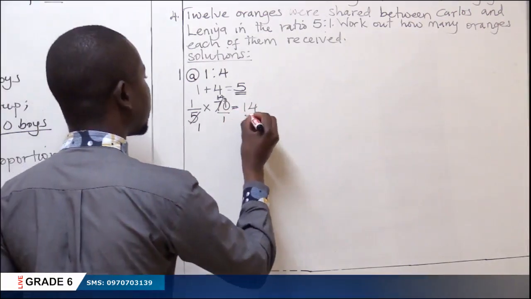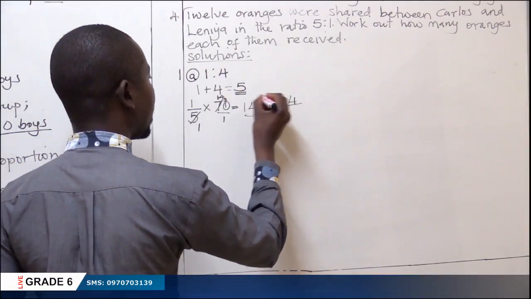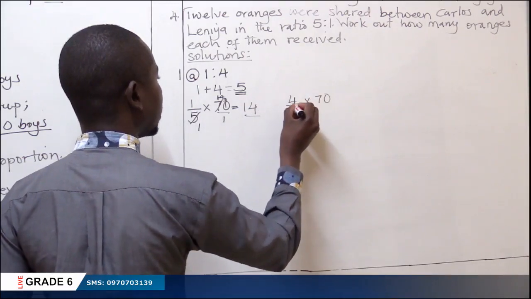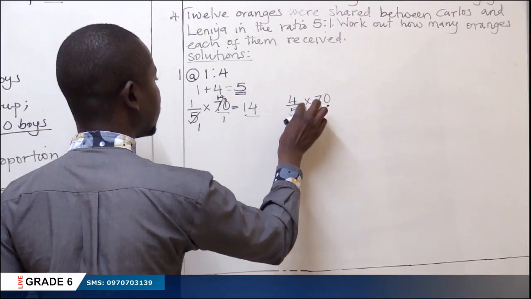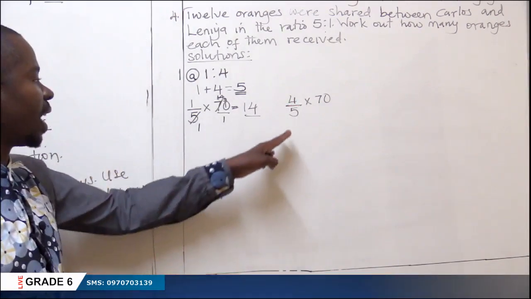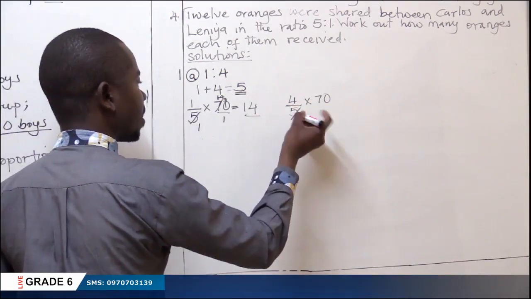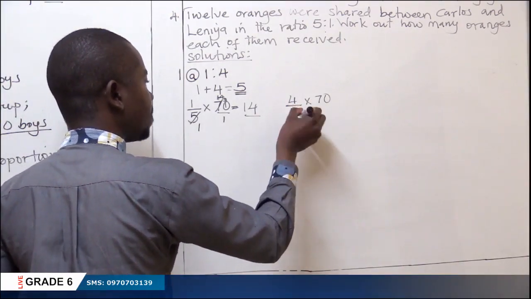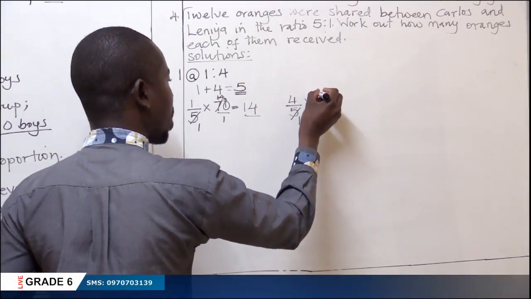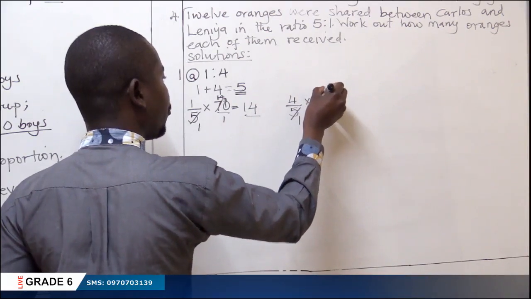Okay, then we have got another one, which is 4 over 5 times 70. All right, so boys and girls, you must understand that 5 and 5 can divide each other. 5 into 7, it's 1, remainder 2. 5 into 20, it's 4.